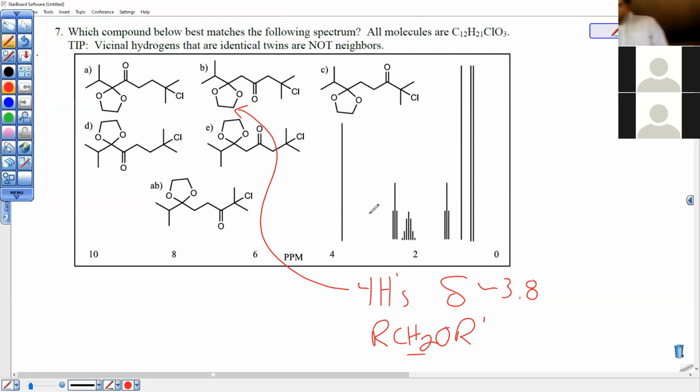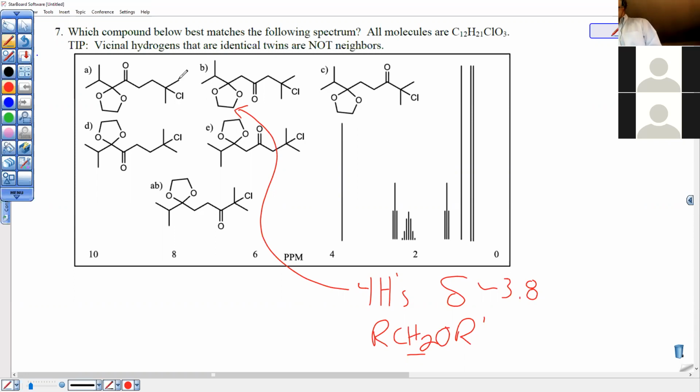Some of you have read comments on exams and old lecture notes that say, if your neighbor is identical to you, then it's not your neighbor, it is you. Which means this CH2, sure, it has 2 neighbors, but there's no distinguishing this CH2 from this CH2. So they are not neighbors to each other, and 0 plus 1 gives a singlet. And we can't use this as a unique feature for the molecule because every molecule has this acetal protecting group.